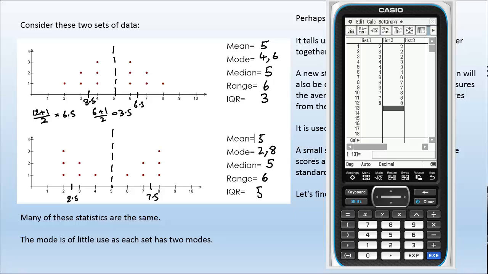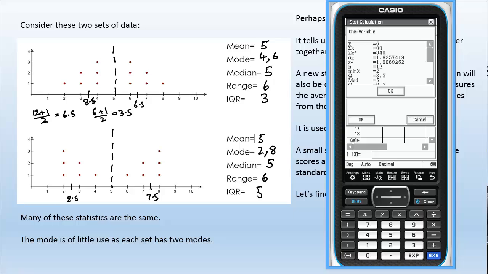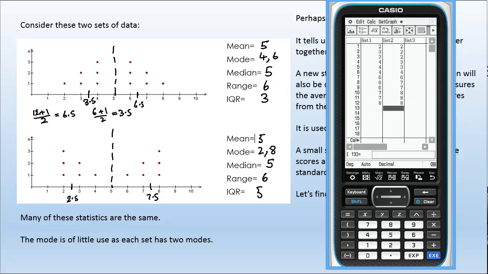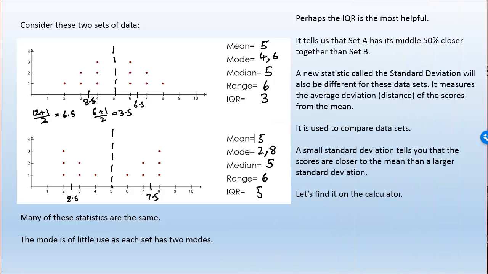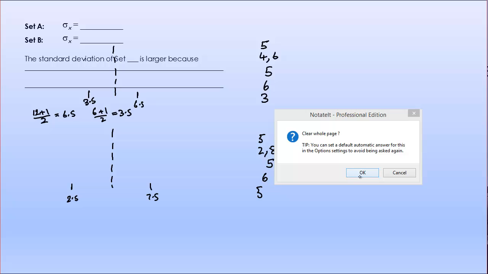Now before we move along here, I'm just going to calculate it again. Let's just do it for the first data set. The sigma and the S are both standard deviations, but in this course we use the sigma as the one we want. So we want the 1.83, not the 1.91. So let's just get rid of all the writing.